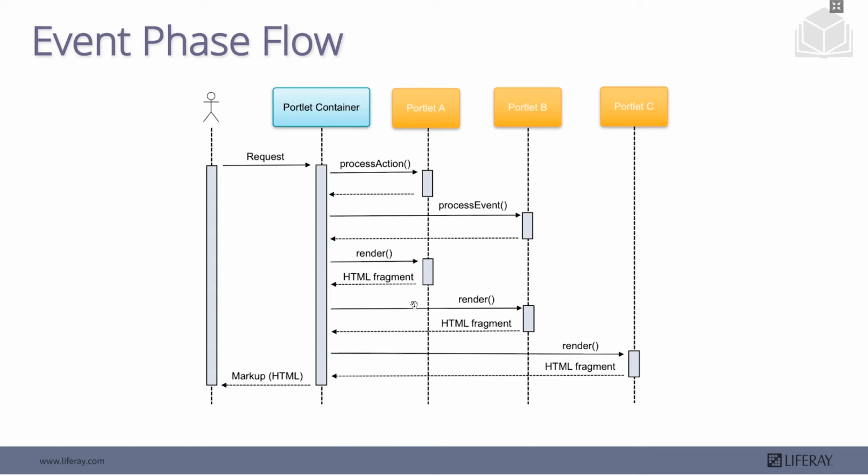So the portlet container will see, oh hey, an event has been set. This is the event that's set. Portlet B is configured to listen for that specific event, and once it's set, it'll then go through its process event phase, or I should say the process event method, do whatever it is that we want to do with it, and then we're done. Again, once the event phase is finished, we will then re-render.